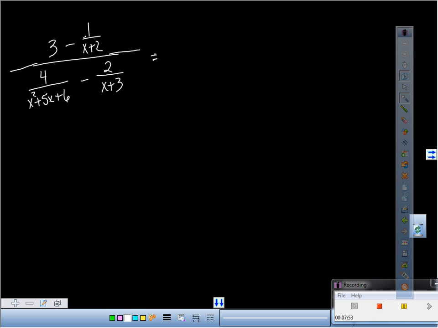Let's multiply the top one. No, I'm saying, like on the top is 3 over 1 minus. I don't have to multiply this denominator. Multiply that, and the other side doesn't change.